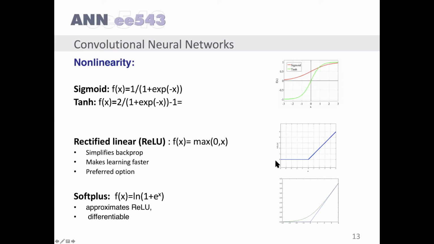For x up to 0, we have the value of the ReLU function 0, and after 0, the value of the function becomes the same as the value of x. Instead of ReLU, sometimes softplus is used, which is defined as ln(1 + e^x). This approximates ReLU and it is differentiable.